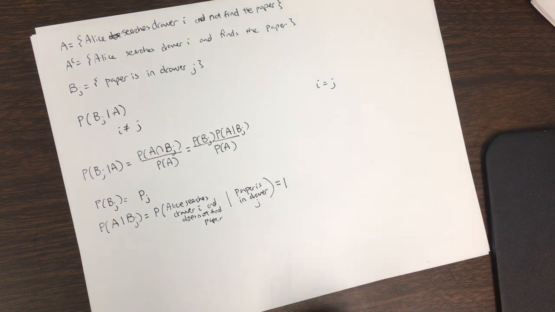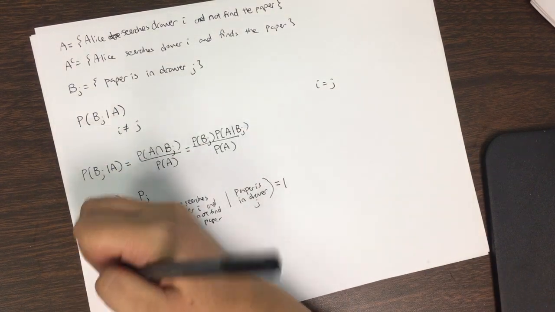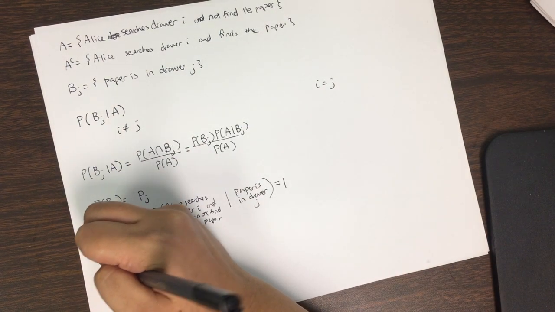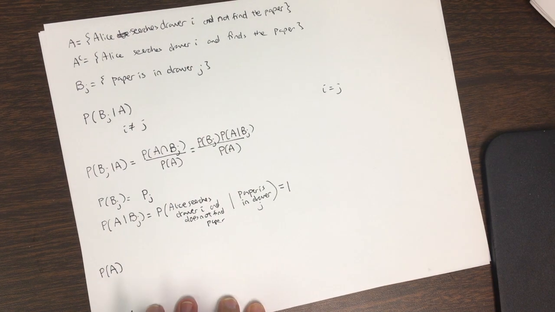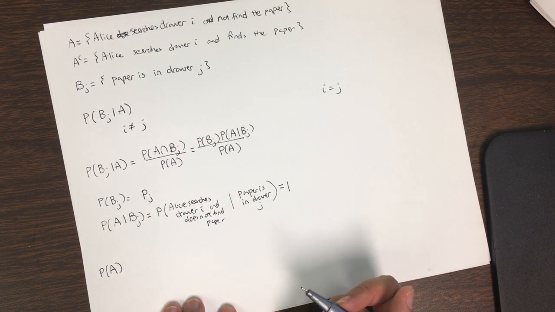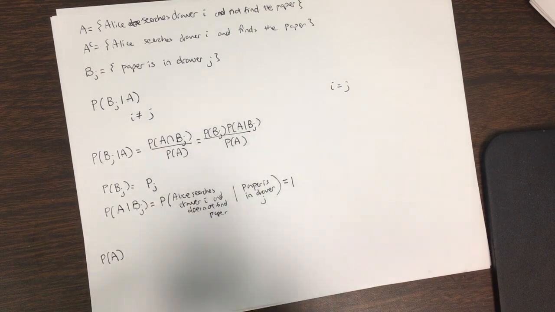So the difficult part to this problem, really the challenging part, has to do with finding the denominator P(A), which is the probability that Alice searches drawer I and does not find the paper. So again, this is like that coin toss problem where you have two tosses.